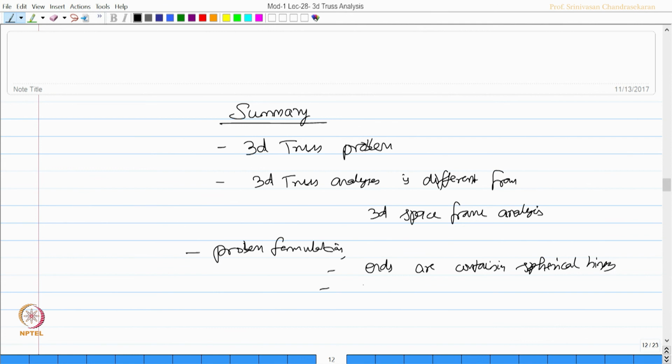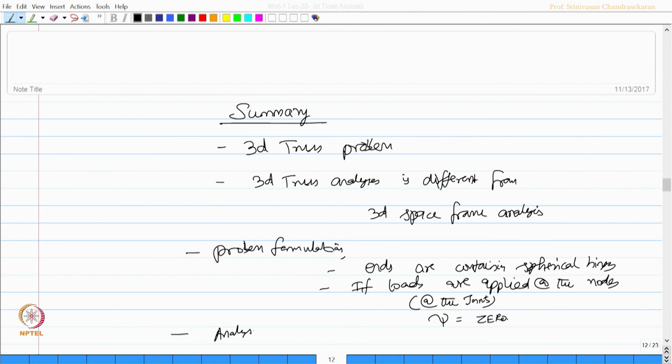Second is, if loads are applied at the nodes, that is at the joints, we do not have to bother about the psi angle, keep this as 0, directly do the transformation matrix. So, its analysis is simpler.